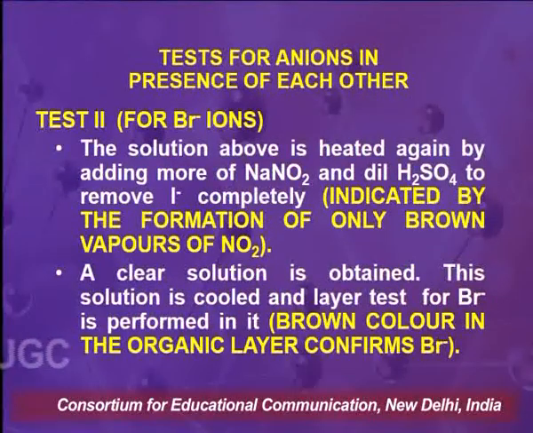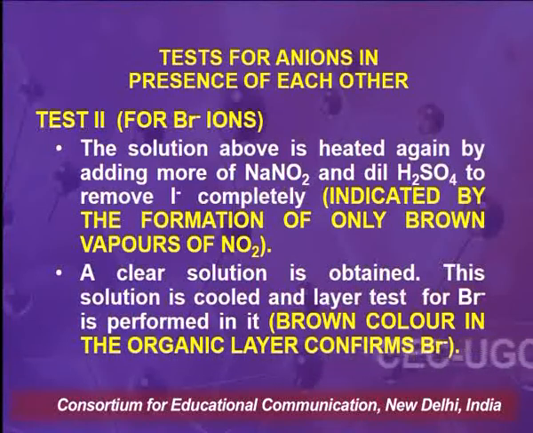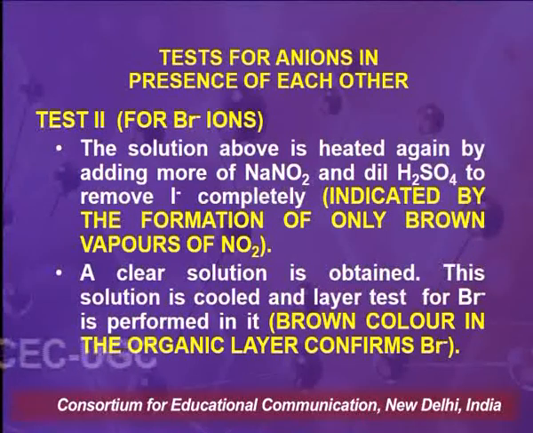Moving on to the second test, which is for the bromide ions. This solution above is again heated by adding more sodium nitrite crystals and more dilute sulfuric acid to remove iodide ions completely.